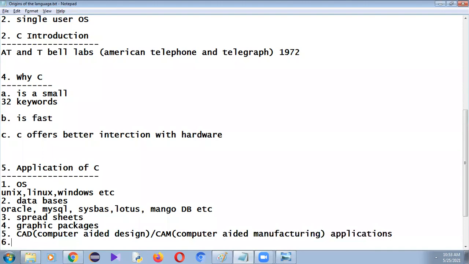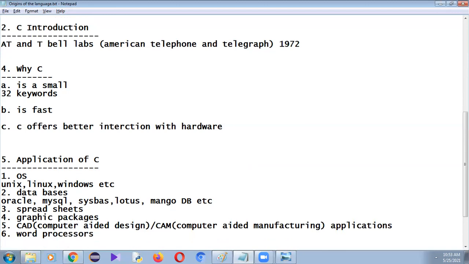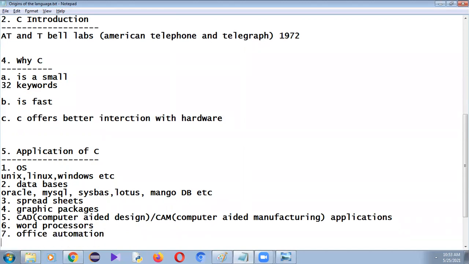Next, to develop word processors, to develop office automations, and to develop scientific and engineering applications, and general purpose applications.